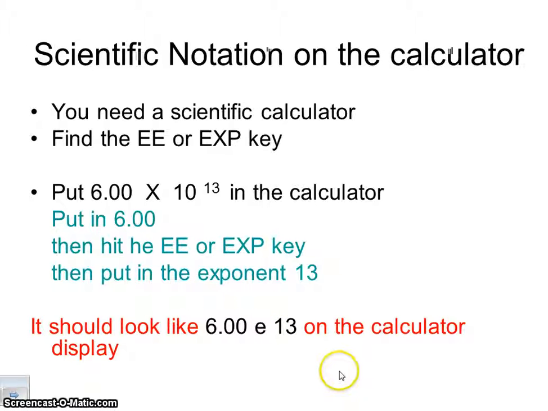So that's how you put it in your calculator. It's a good idea to try that. Make sure that you can do that. Once you learn to use it on the calculator, they're easy, and you won't mind doing them at all. It's a lot easier than if you're going to do them by hand.